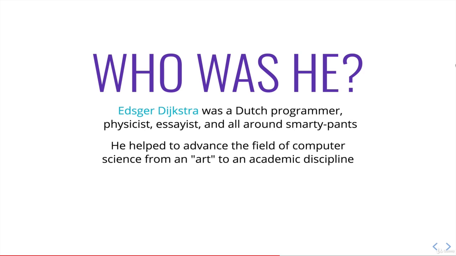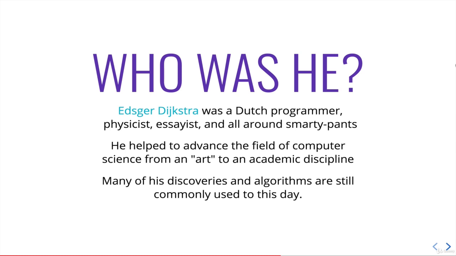I don't know how you determine most influential, but anyway. The other thing is that he actually created new fields within computer science. Single papers that he wrote spawned these new disciplines. So very, very influential. And unlike some other pioneers whose work at the time was very important and led the way for other breakthroughs, a lot of the stuff that he talked about and wrote about is still in practice today or commonly used, like Dijkstra's algorithm.